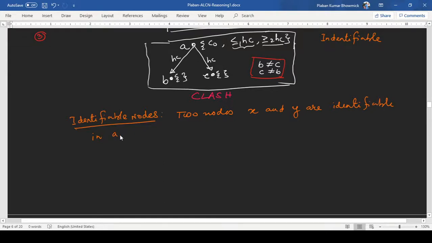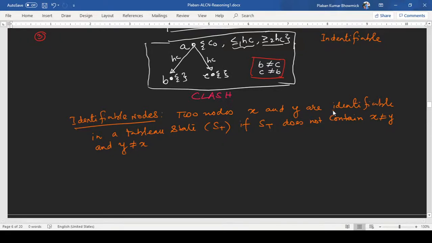In a tableau state, say let us name it St, if St does not contain this and this, in that case they are identifiable.